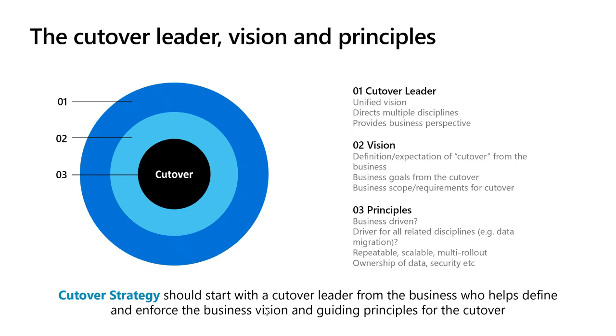And then some principles, right? Define these early in the initiate phase. Is this going to be a business-driven cutover, right? Not just in name, but in reality. Is there going to be a resource made available that is the cutover leader that's going to essentially corral all the different business users that are needed for cleaning the data, for approvals, for ownership of the data validation.